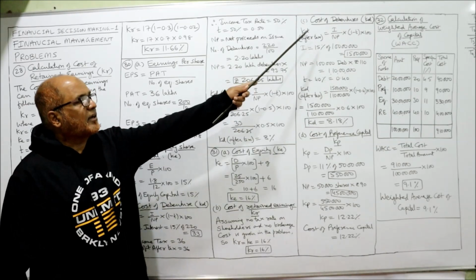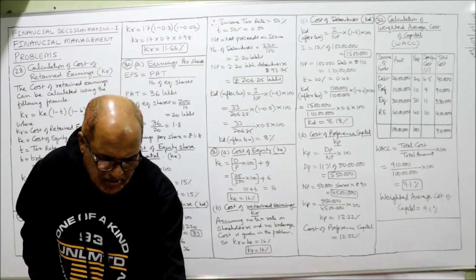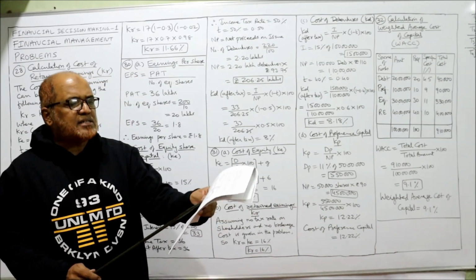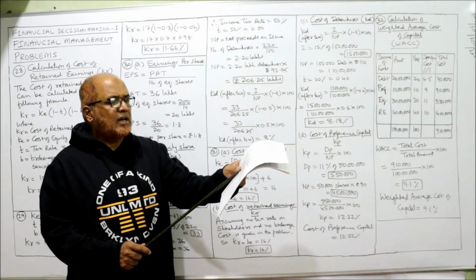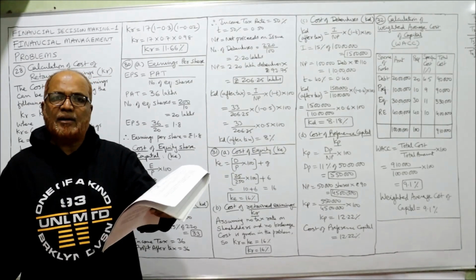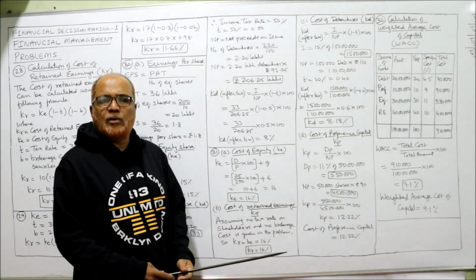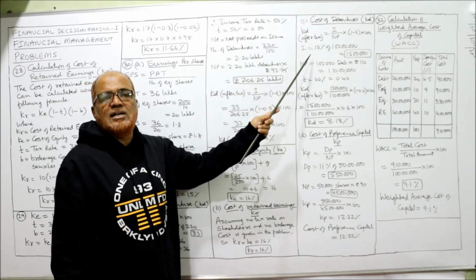Now we'll come to the third one, cost of debentures, KD. For debentures, what is the information given? 1 lakh debentures of 100 each, interest rate 15%, current market value 110. We can easily find out KD: I divided by NP into 1 minus T into 100. I stands for interest.